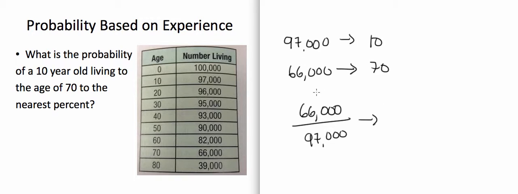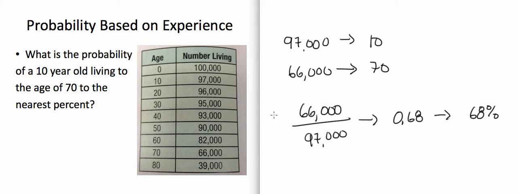There will not be 31,000 people that will arise from the dead, and so forth. So we always take the smaller number divided by the bigger number, and that's going to give us an answer of 0.68, which is 68%. So if you were living at age 10, you have a 68% chance of living till the age of 70 based off of previous experience.